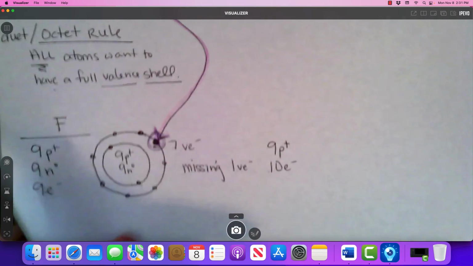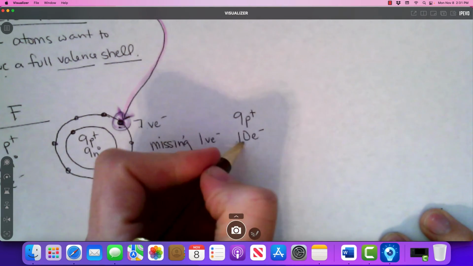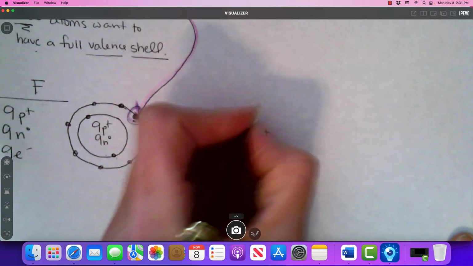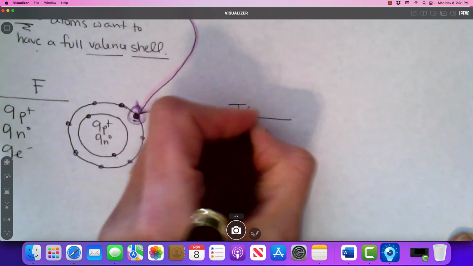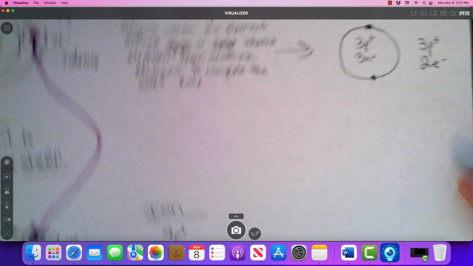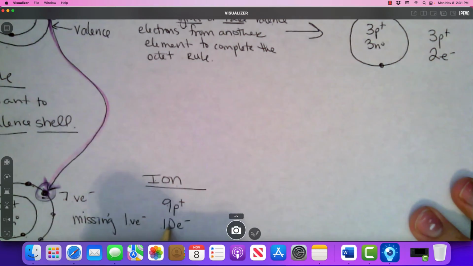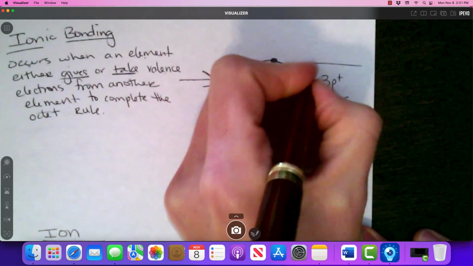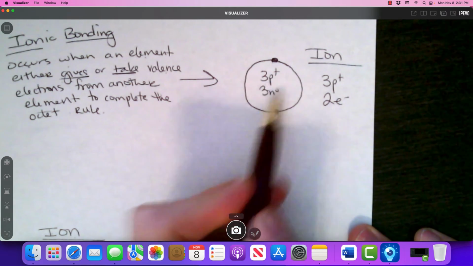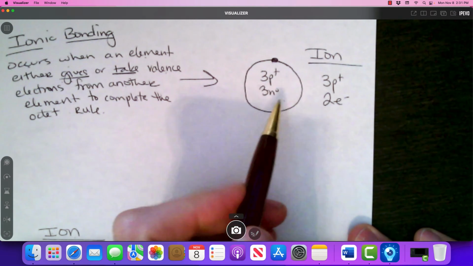When this happens, when you end up with an unequal number of protons and electrons, it is called an ion. Ionic bonding. So this is the ion form of fluorine, and this is the ion form of lithium because it has 1 less electron here.